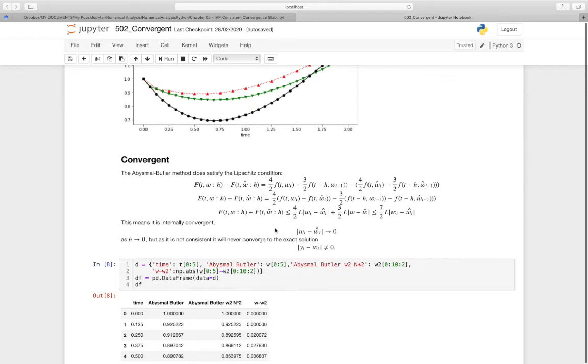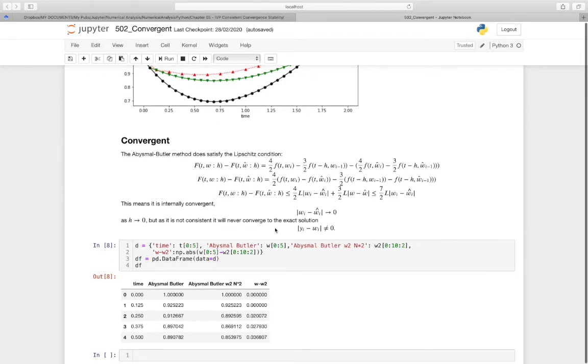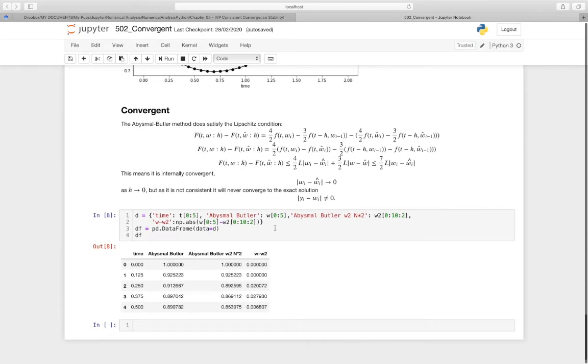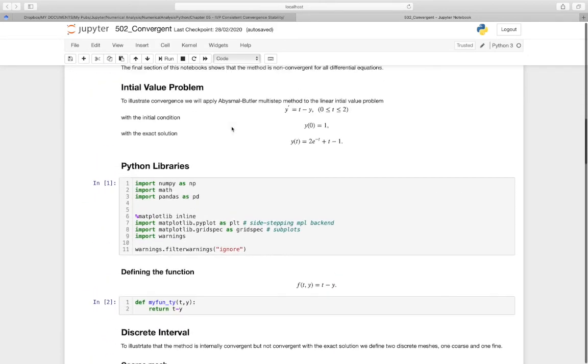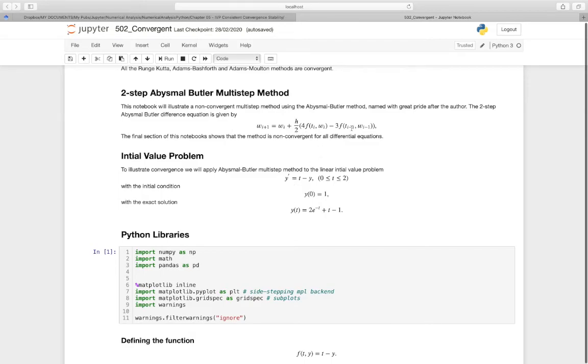Yes, it converges to the same solution, but it is not convergent. It isn't convergent because the exact solution and the approximate solution do not tend to each other. And this is because, like we saw earlier, the tau for the consistency is not satisfied. It doesn't tend to 0, so there will always be a gap between the exact and the approximate solution.